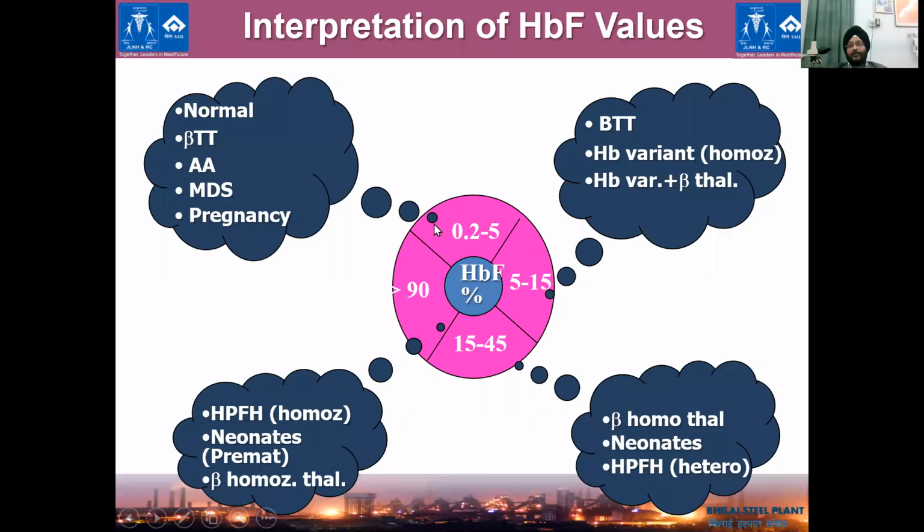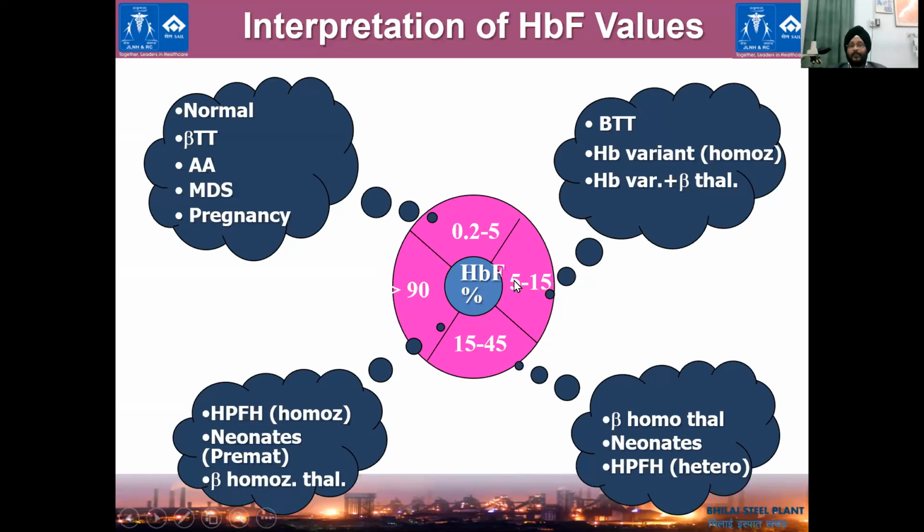So up to 5%, we are not very much worried if we know that she's a pregnant female or she's a known case of aplastic anemia. But if we have a chromatogram tracing in which HbF was say 2% earlier and it has gone up to 5 now, we should suspect something.